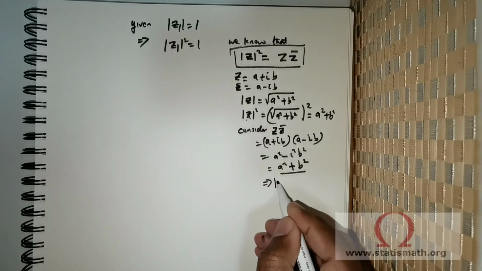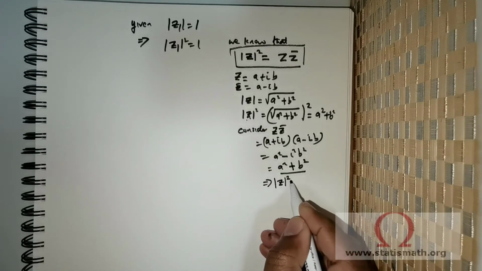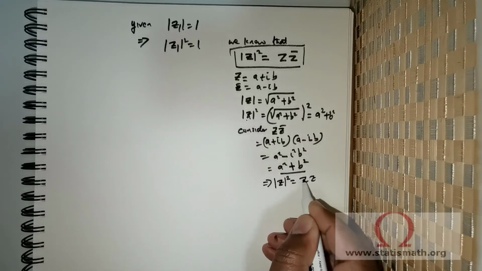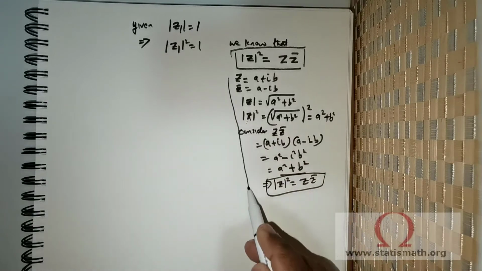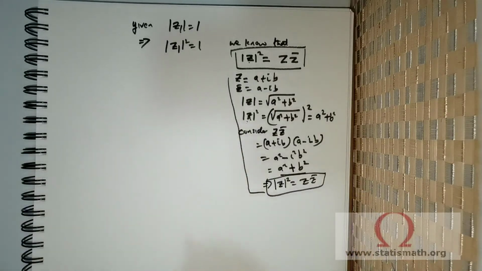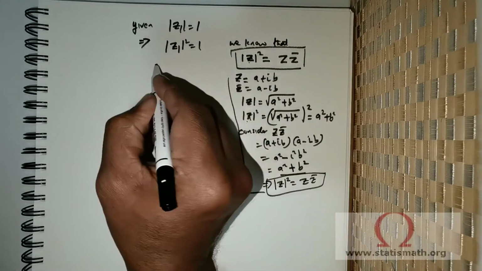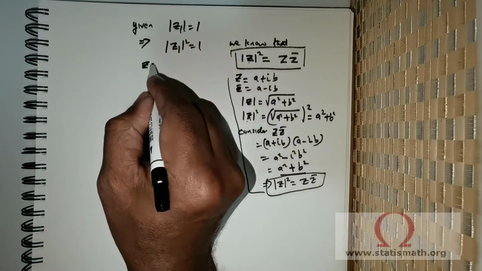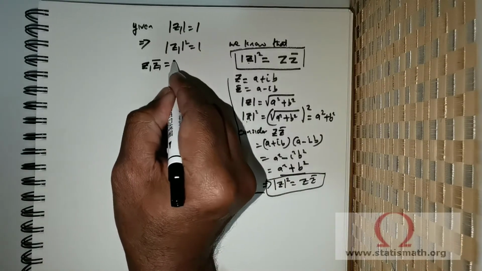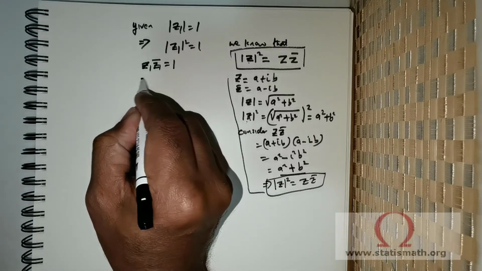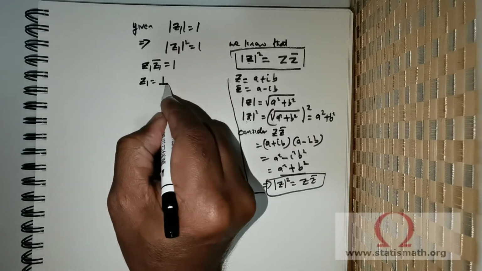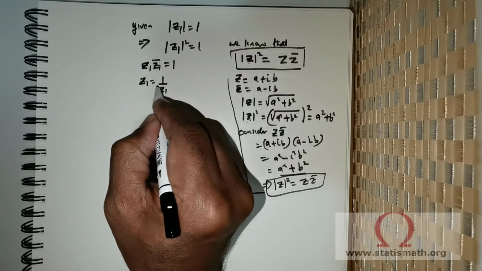So this shows modulus of z raised to the power 2 is equal to z times z bar. That is just to show you that this property is true. Now because of this property, I can rewrite this as z1 times z1 bar is equal to 1. From here, I can rewrite z1 as 1 over z1 bar.